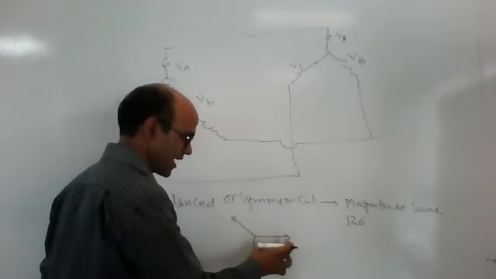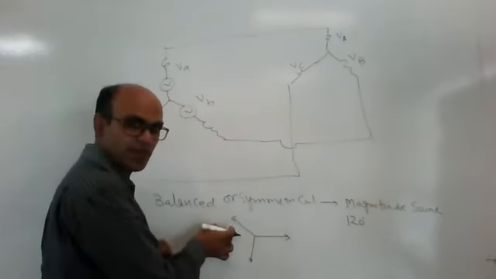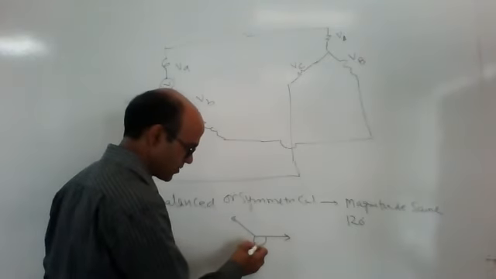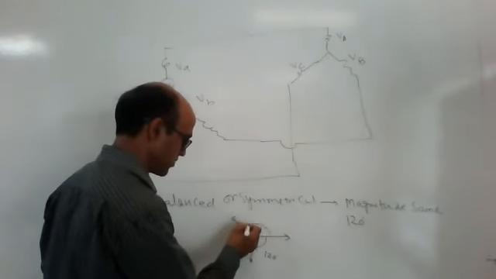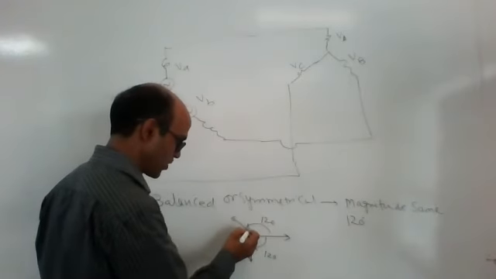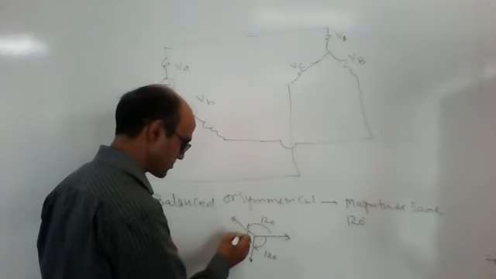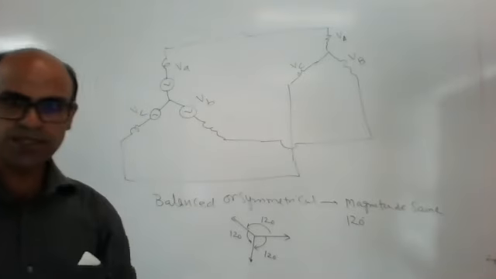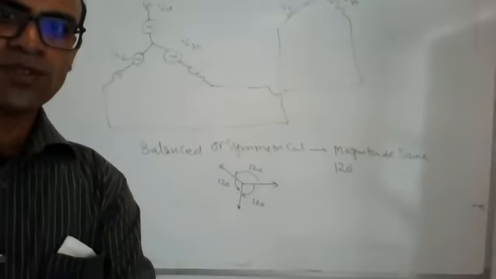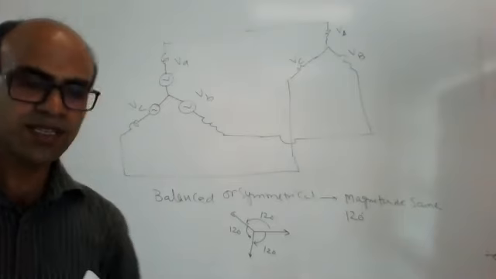It means the lengths of these three phases are the same, as well as the angle between consecutive phases is 120 degrees. This will also have 120 degrees, and this will also have 120 degrees. So consecutive phases have a phase displacement of 120 degrees.